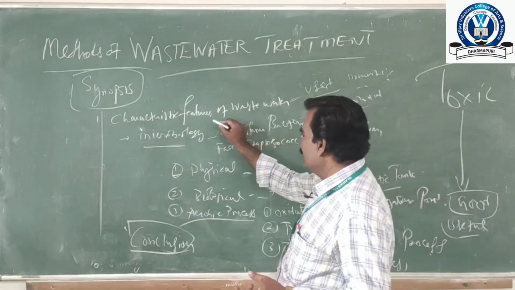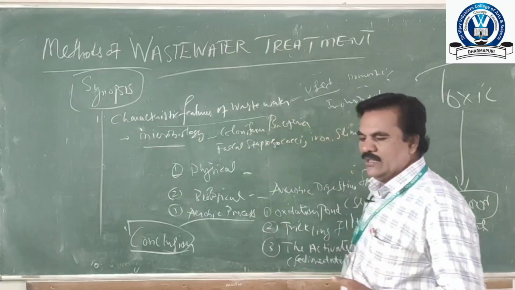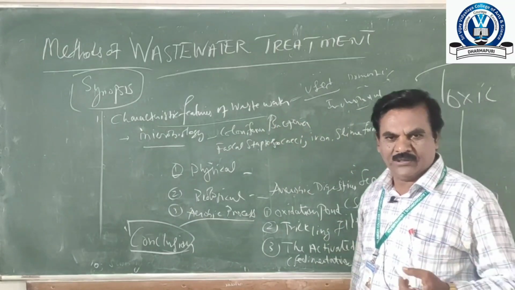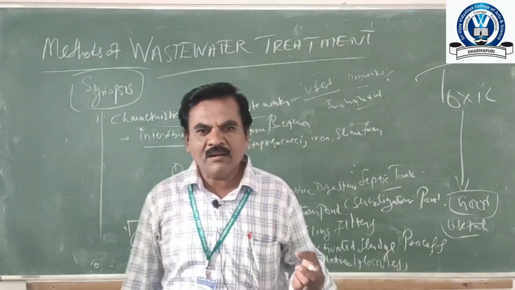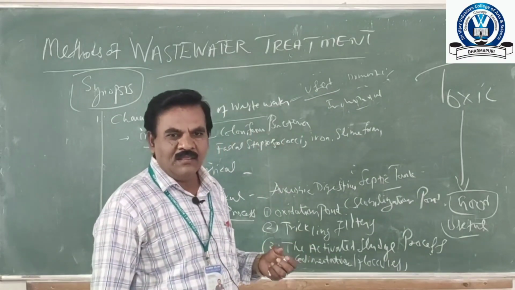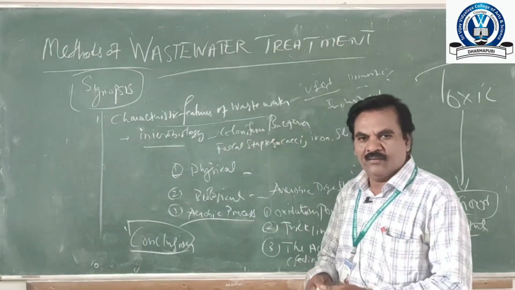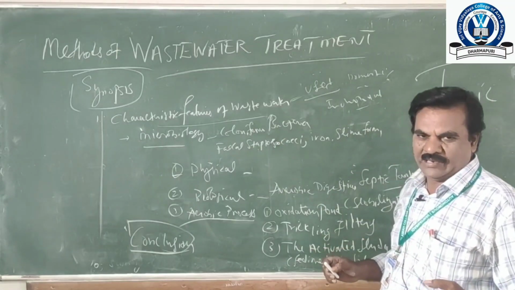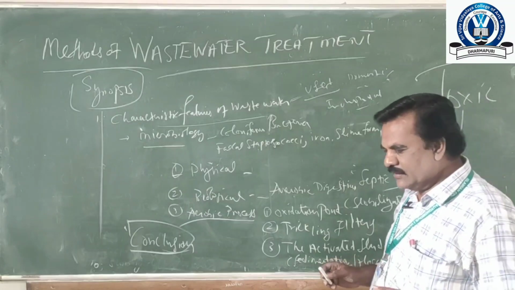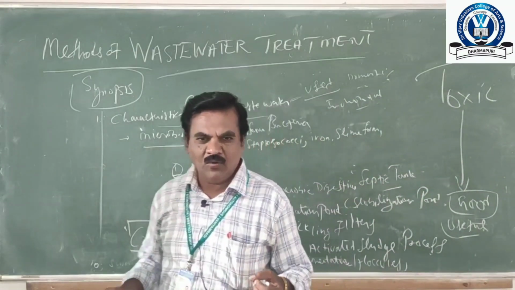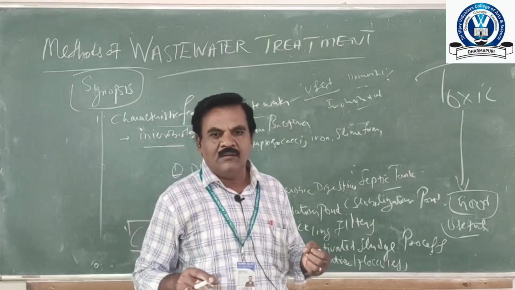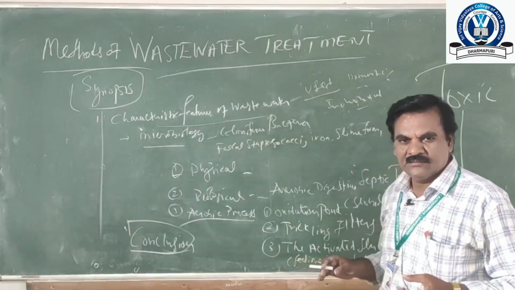What are the characteristics of wastewater? Number one, wastewater contains a large amount of inorganic and organic matter, bacteria, and also various yeast and coliform bacteria. Wastewater causes a lot of disturbances.